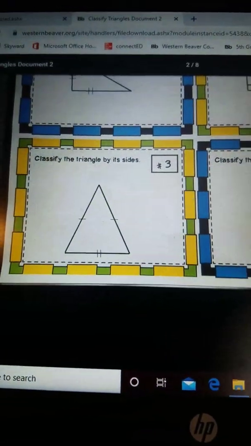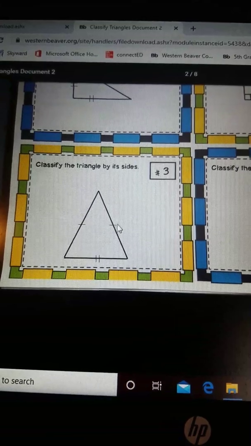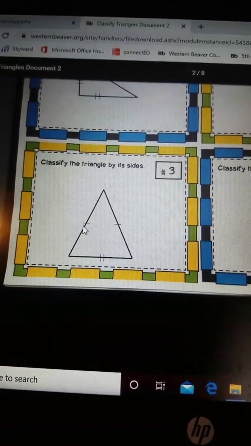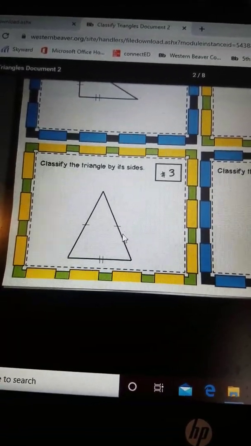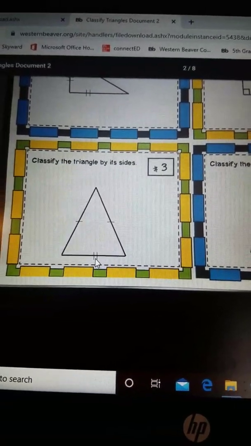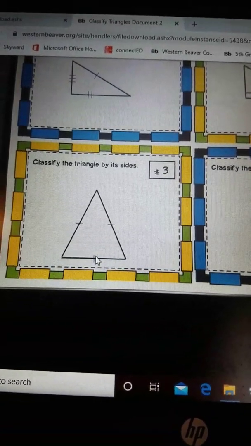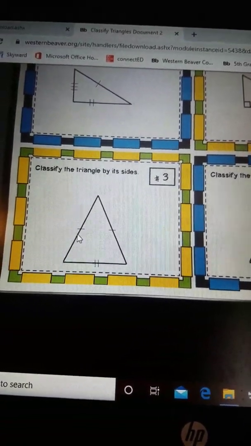Now we're going to look at number 3. Number 3 is showing us, look, this has 1 line and that has 1 line. That means this side and this side are the same length. The bottom, though, the base of this triangle has 2 lines. That means that it is not the same as these 2 sides that are.